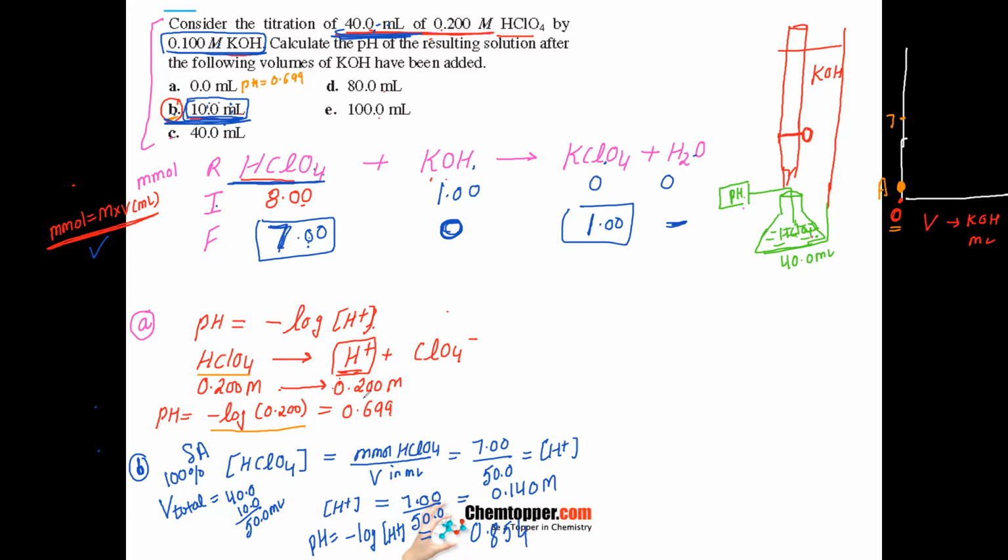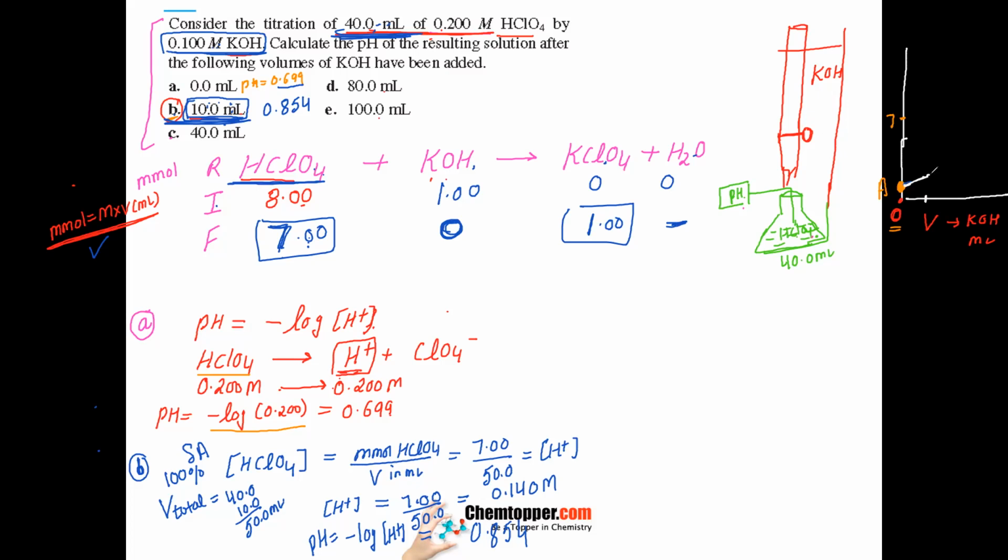Now this one, the first one was 0.699. This one is 0.854. So move slightly up, slightly up. This is for 10 ml. Let's say this is 10 ml.